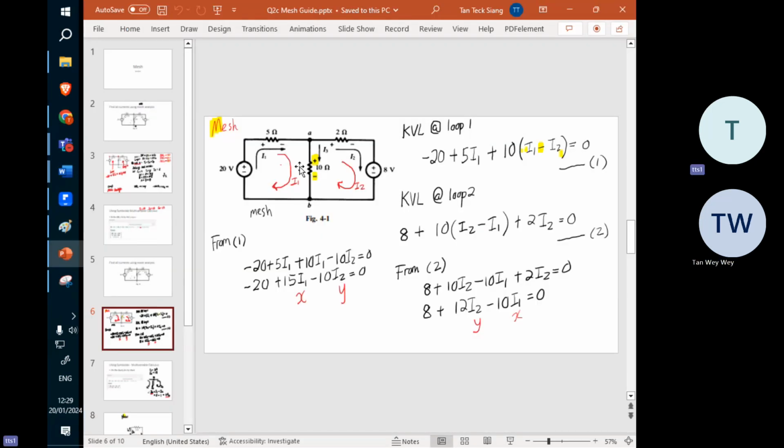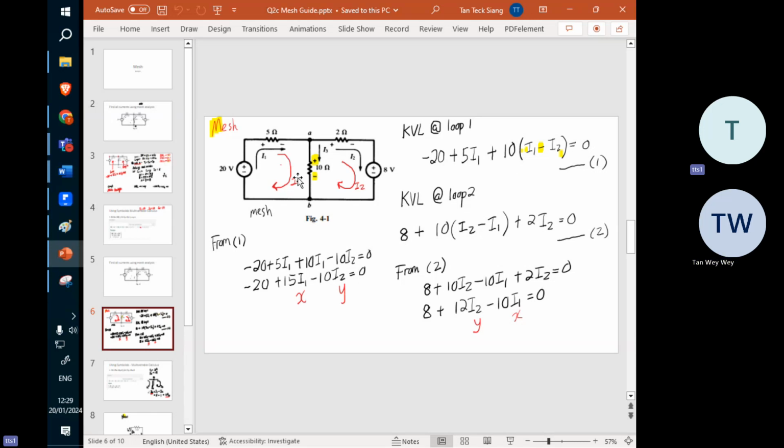So we sum the voltages in this mesh: I1 minus 20 plus 5 I1, 5 volts times the current, Ohm's law, plus the 10. The 10 ohm has 2 currents associated with it.